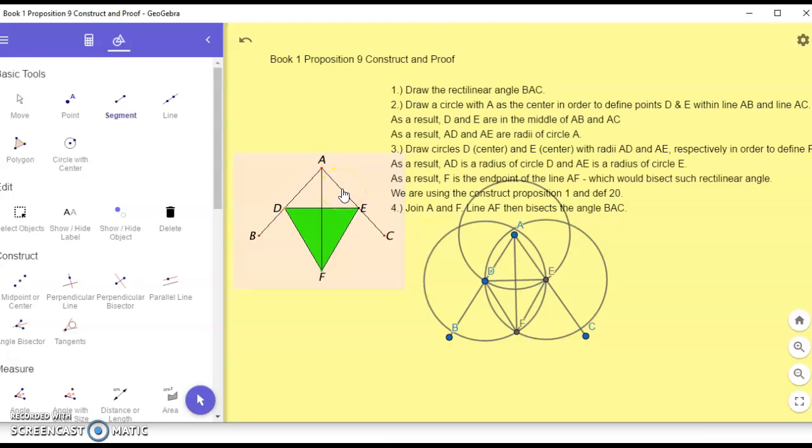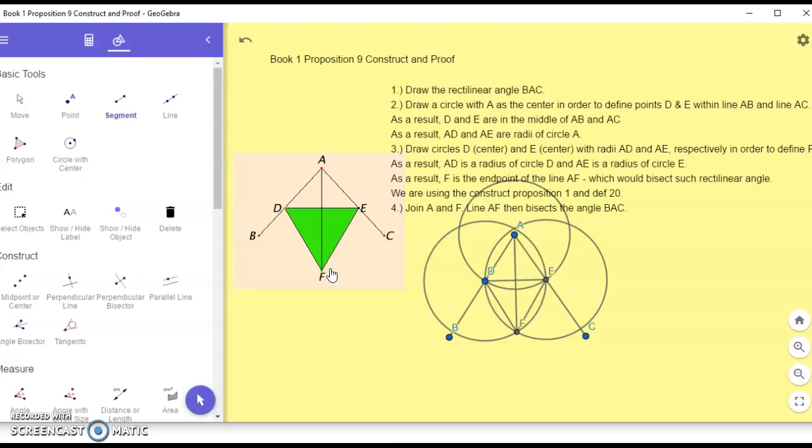The next pair would be side DF and side EF. And why are they equal? Because these are sides of the equilateral triangle produced by circles D and E. So side DF is equal to side EF.